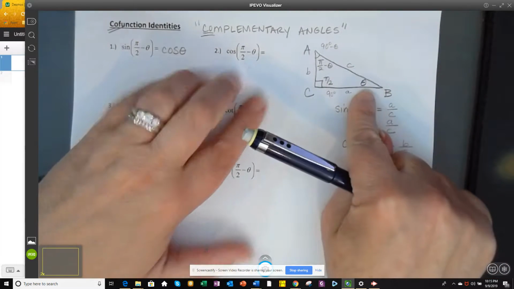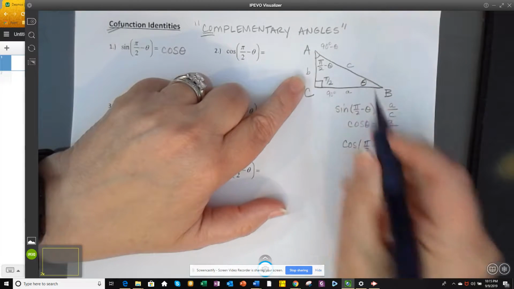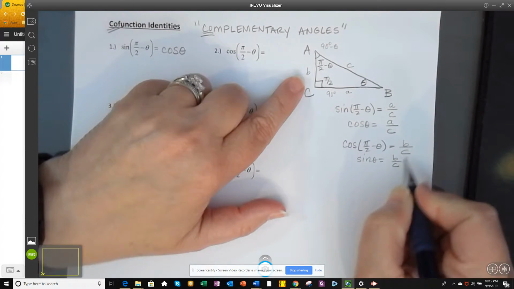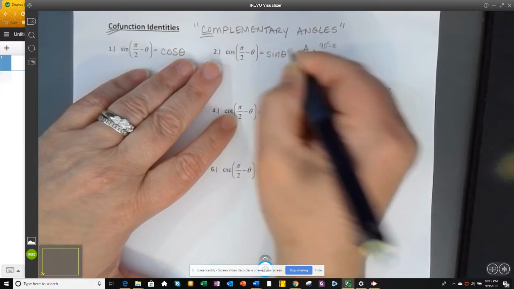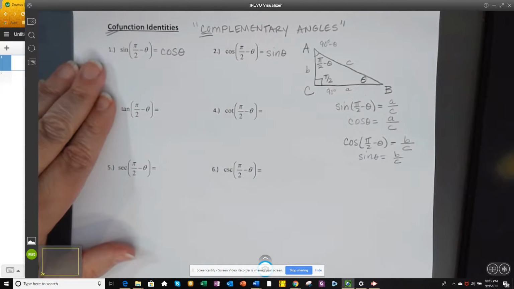Well, if I chose this theta and did the opposite over the hypotenuse, I could say that sine theta equals b over c. And do you see how those are the same? So this is going to equal sine theta. And like I said, this works because they're complementary angles to each other. And think about the sine of 60 is equal to the cosine of 30, and vice versa on our unit circle that we've been studying.